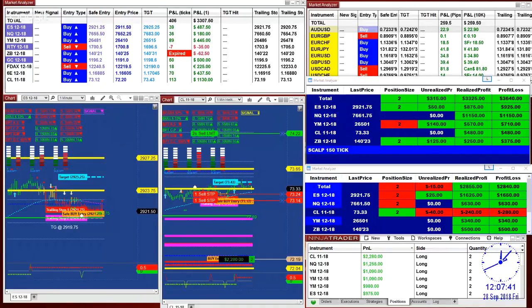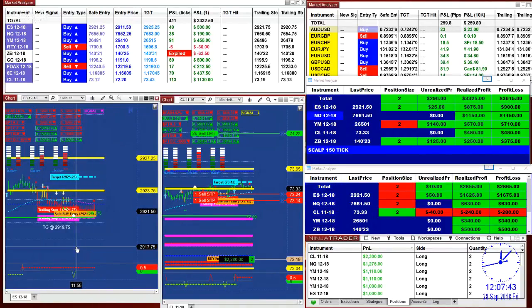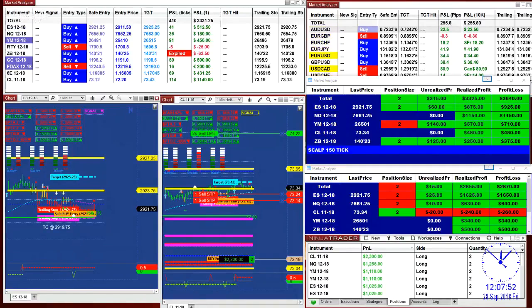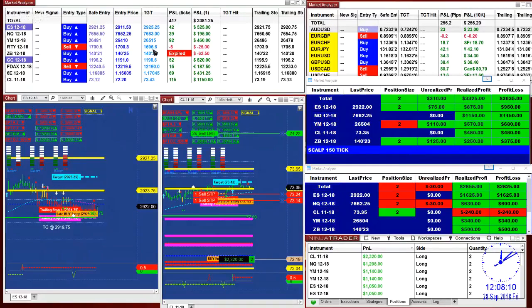And we're about to have a new signal on the ES. And we are also going to get Nasdaq, which is still a little bit up, and the YM is still a little bit up. So the only one we have is the Russell entry sell at 17.8, target 96.6.